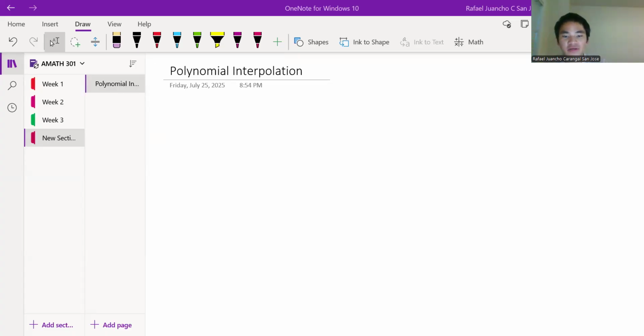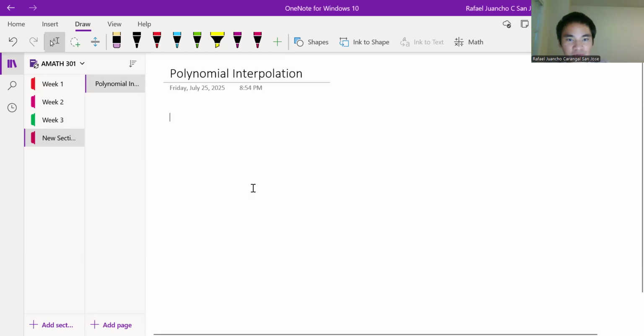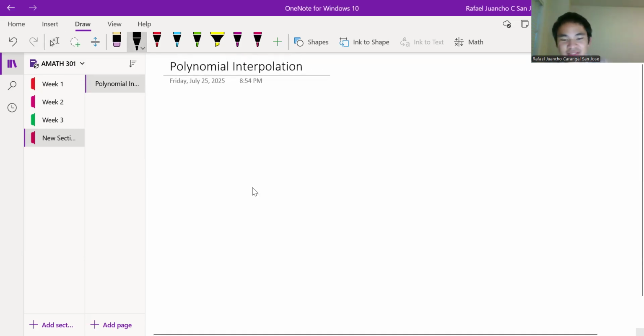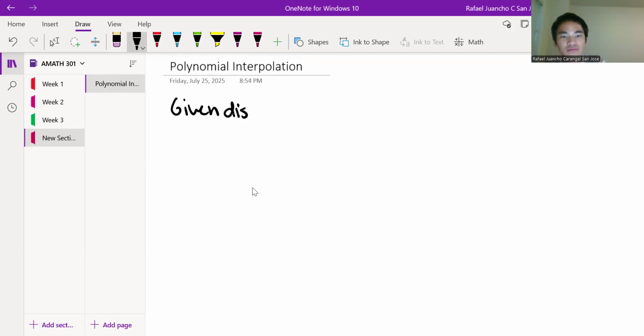So today we're going to be talking about polynomial interpolations. Okay, let's just hop right into it. Let's say we're given a discrete data, and this data is in the form of vectors.